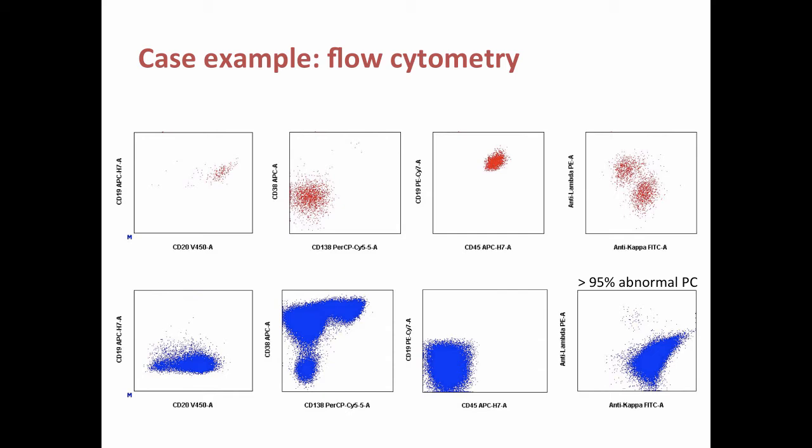These findings are typical of a plasma cell neoplasm rather than neoplastic plasma cells that are part of a lymphoma. Of note, there are a few plasma cells with a normal immunophenotype, best seen on these plots by the few lambda-positive cells. But these are a minority, with abnormal plasma cells representing greater than 95% of total plasma cells.